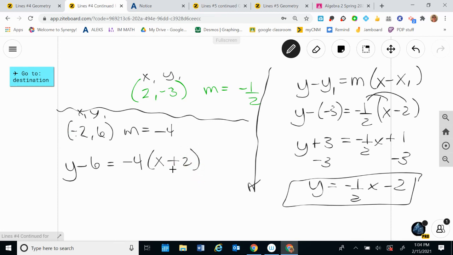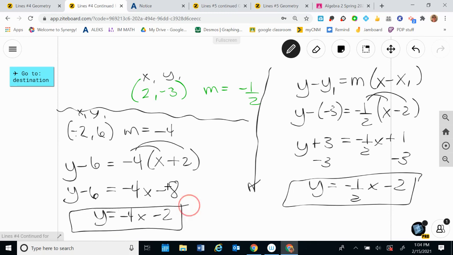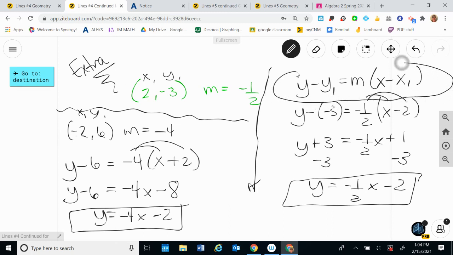Minus -2 becomes a plus. Y minus 6 equals, distribute, -4x minus 8. Add 6 to both sides, minus 2. Okay, this is just extra. Again, you need this formula. All right, that's the end of these notes.